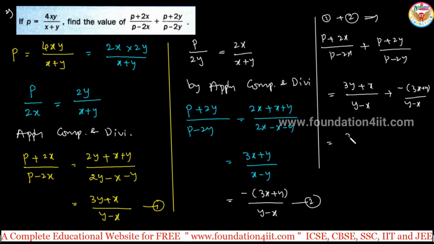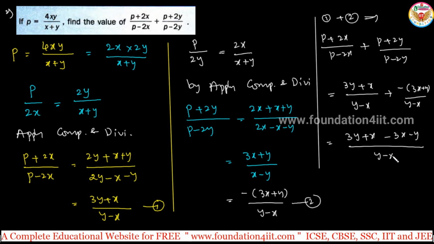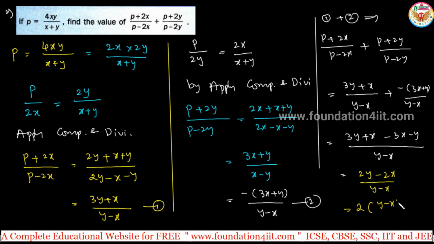Same denominator, no? So 3y plus x minus 3x minus y divided by y minus x. Simplify 3y minus y, so 2y minus 2x by y minus x. Take 2 common, y minus x by y minus x. If we cancel this, you get 2.